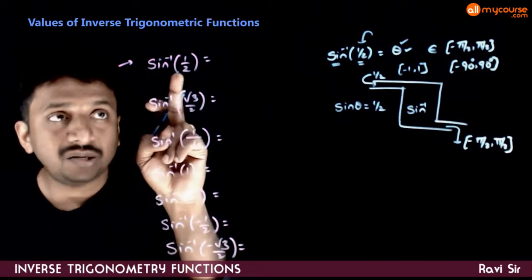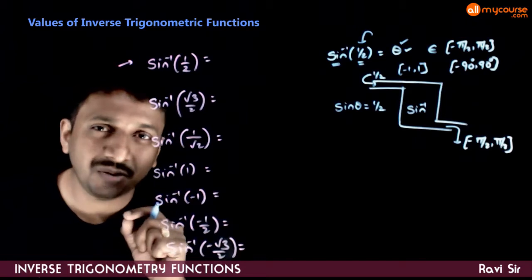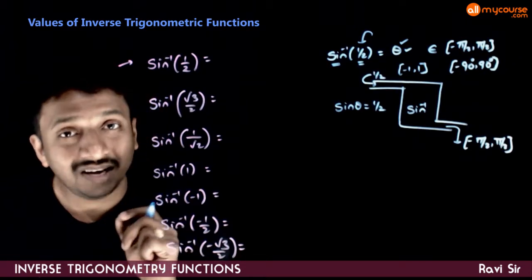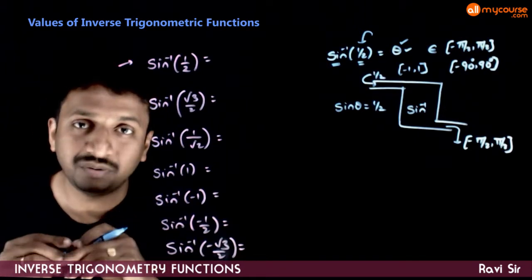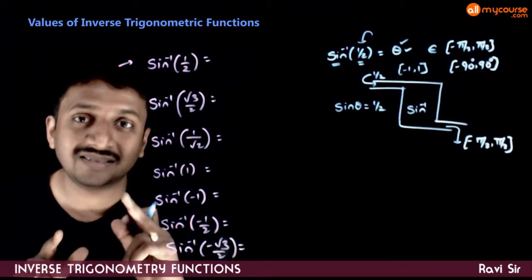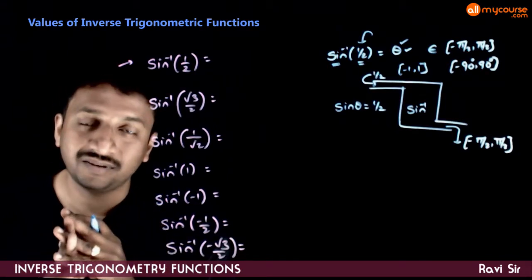So if I ask you sine inverse of half, you need to give me some angle in between minus pi by 2 to pi by 2 whose sine is equal to half.